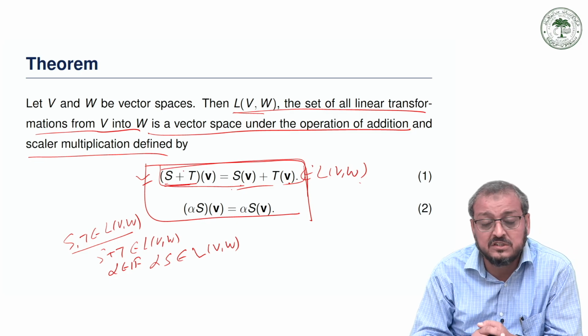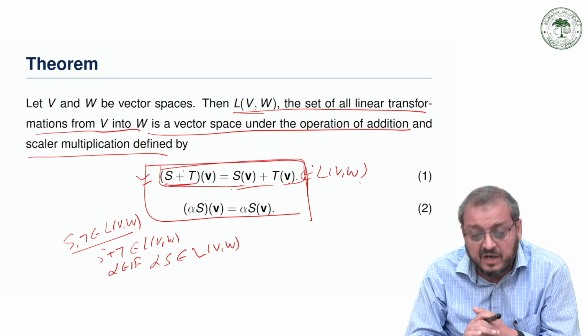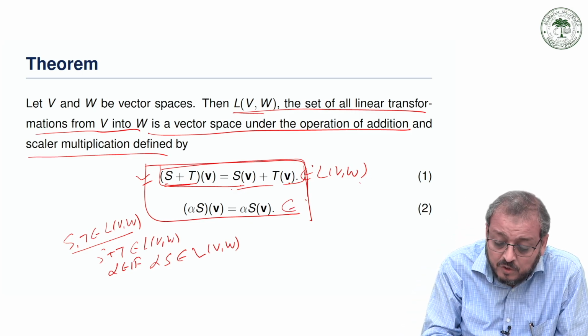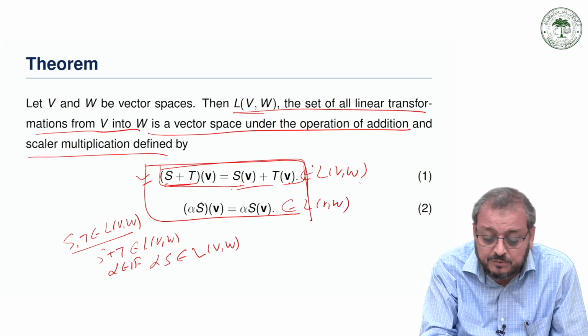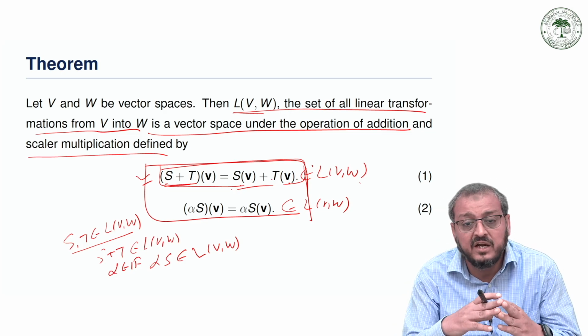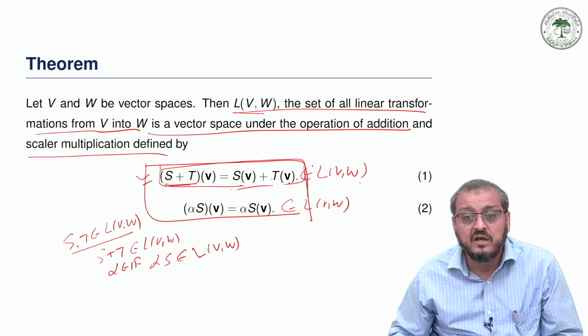This means S plus T is closed under the addition of these two linear maps. Similarly, alpha S also belongs to L(V,W). So by these two conditions, 1 and 2, we can clearly say that this is closed under addition and closed under scalar multiplication.